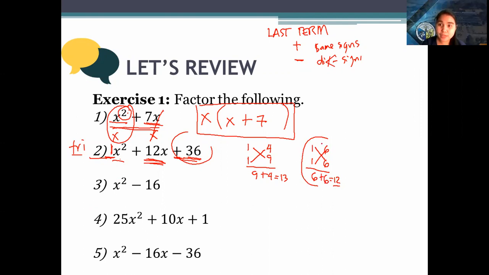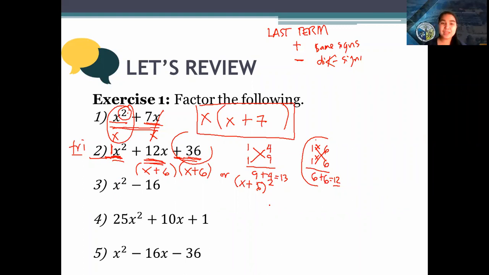You place the same variable, x and x. So our factors will be x plus 6 times x plus 6. Or another way to write it, x plus 6 squared. That's a very easy one.